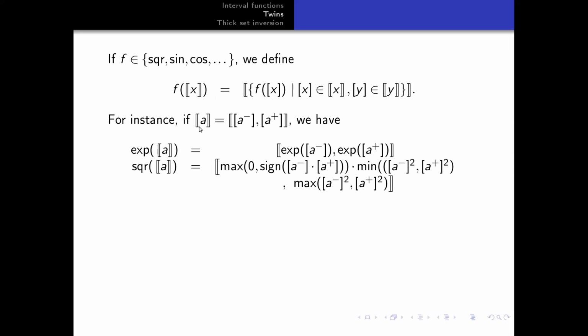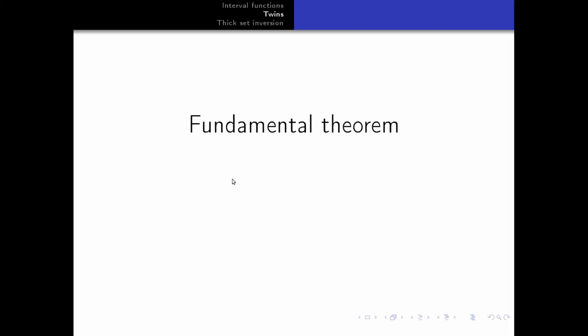For a very easy example, if I take a twin A, since the exponential is monotonic, I will have this definition for the exponential of the twin. And for the square, as I explained before, it is given by this relation. So it is what I have to generalize for all kinds of functions.